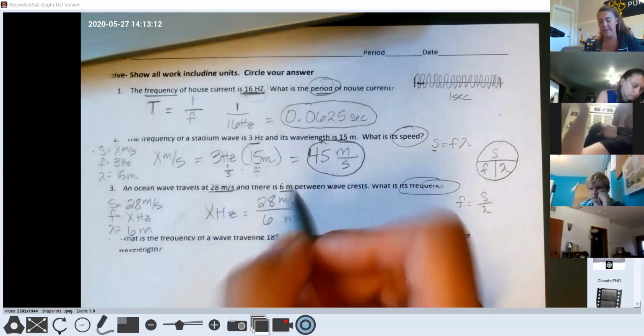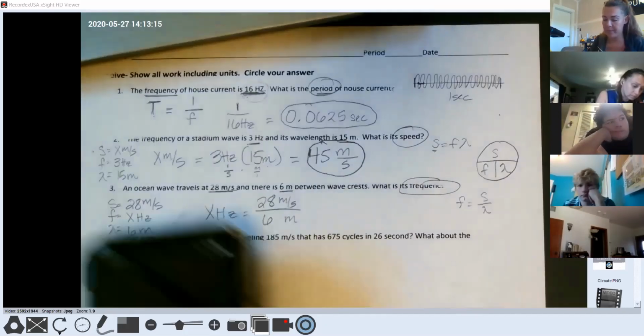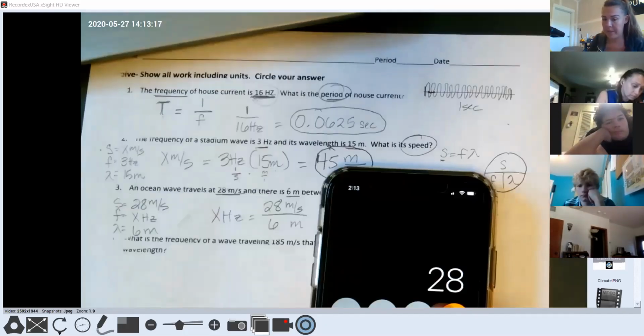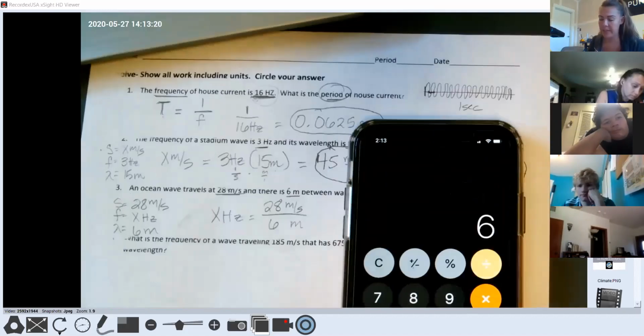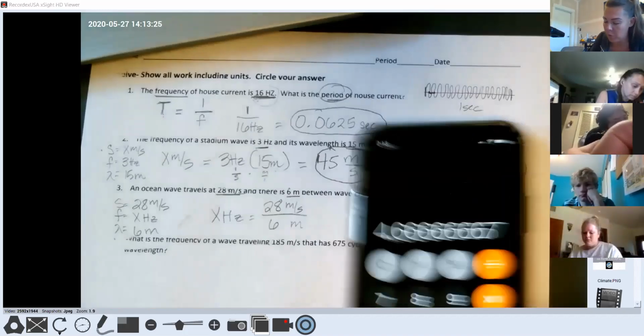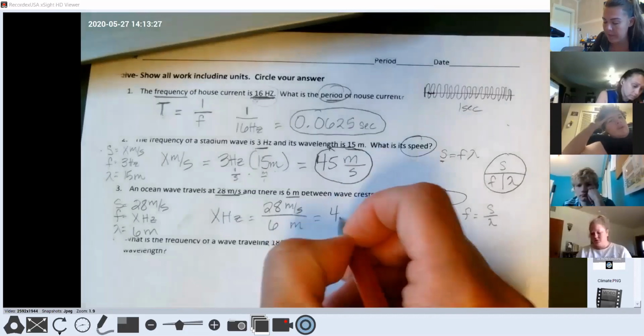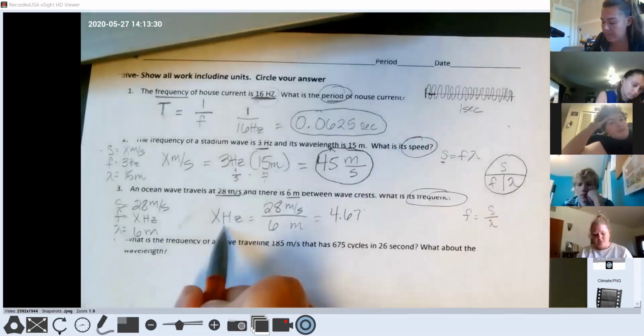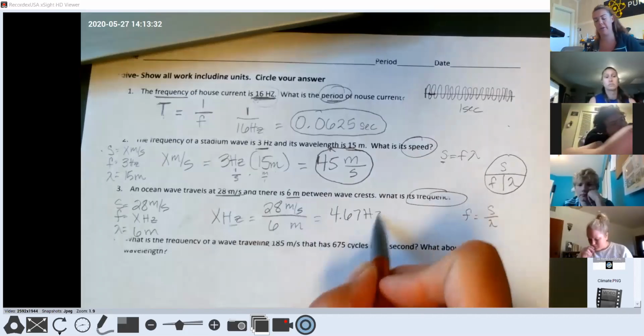And then you just divide. So 28 divided by 6, and we're going to get 4.6 repeating. So we're just going to say 4.6. I'll round it up to 4.67, and it's hertz. That's what we're looking for there.